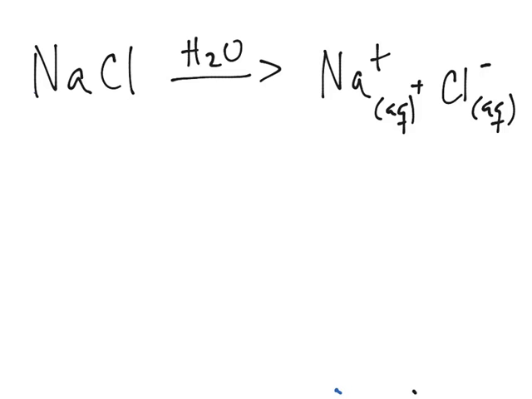So let's start with sodium. Sodium is a cation, it bears a positive charge. So when it interacts with water, let's draw a molecule of water. We have an H here, we have an O here, another H here, and it's single bonded to each of them. Let me fix that bond.